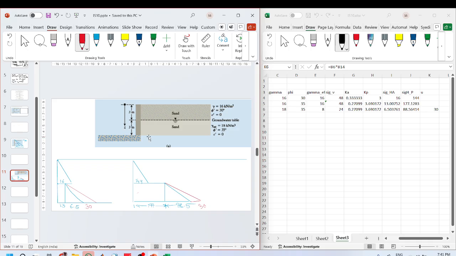We can calculate the resultant. Just a minute.